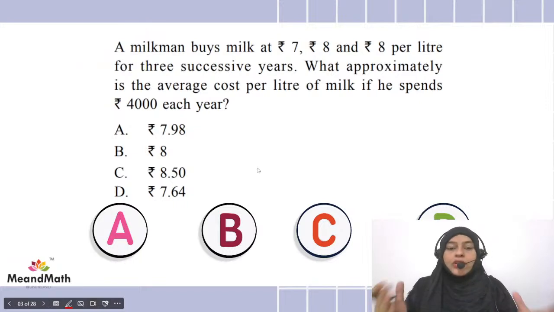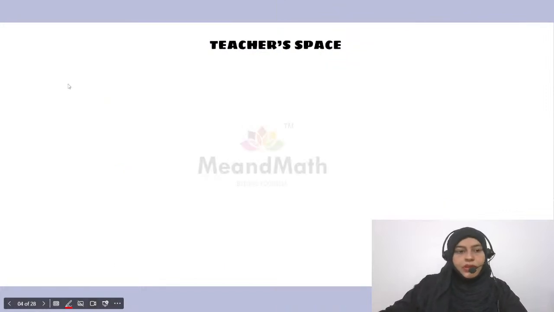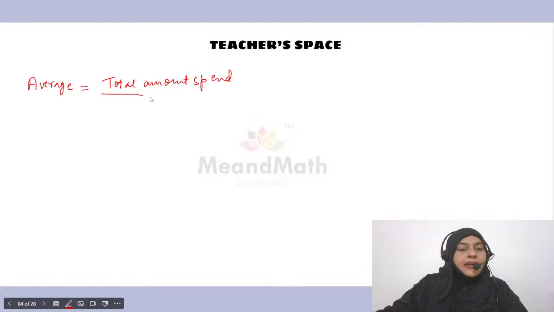So let's solve it. First of all, what will be the formula to find the average cost of milk? It will be the total amount spent, and we need to divide it by the total quantity of milk, right?